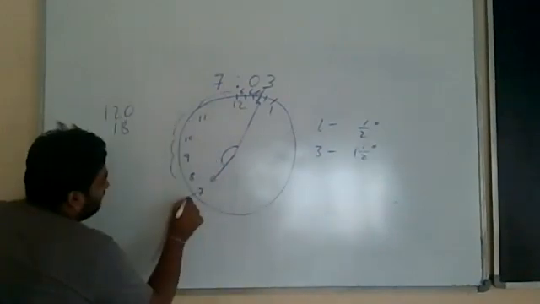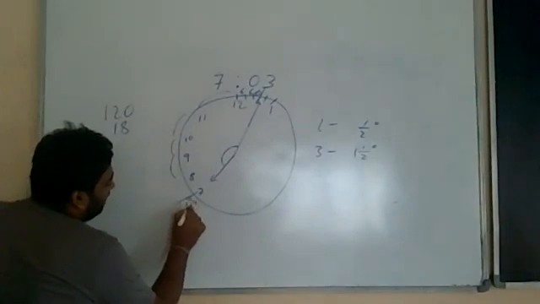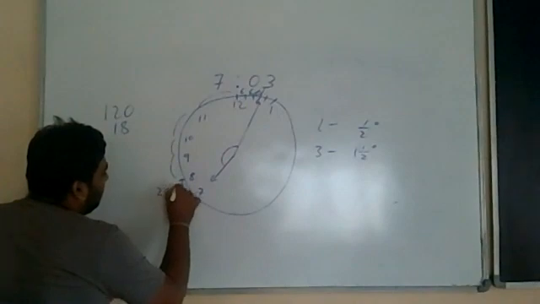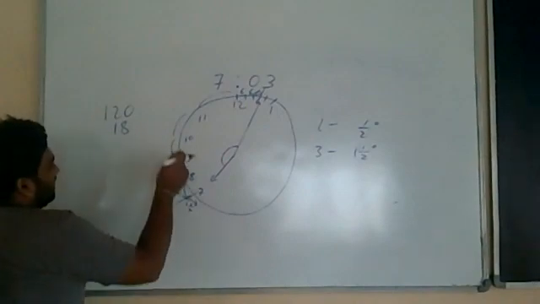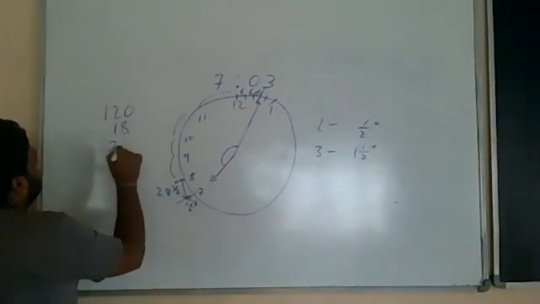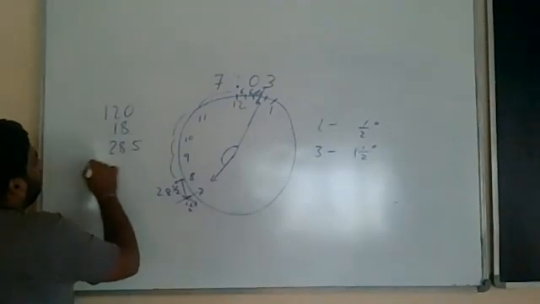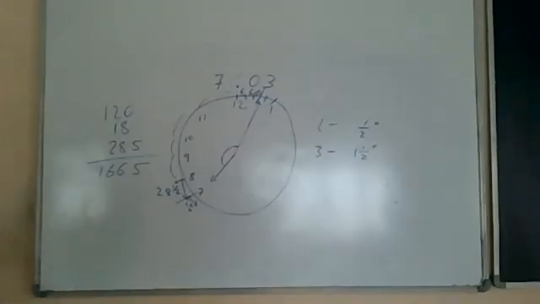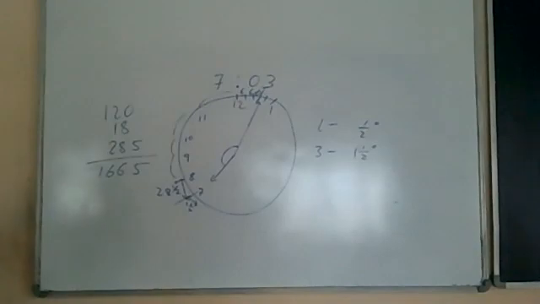So this much is 1.5 degrees, and this much should be 28.5 degrees. I am interested in the to-be-covered part. So it is 28.5, and this total will be 166.5. Clear? Yes, sir. Everyone? Yes, sir.